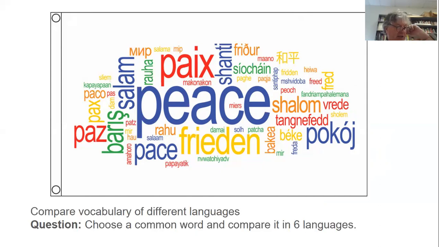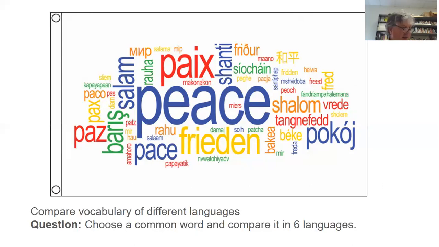So you've got pace in Italian and Romanian, paci in Maltese, paix, P-A-I-X, in French, pau, P-A-U, in Catalan, however you pronounce that, paz in Spanish and Portuguese. Whereas you look at salam in Arabic, well, that's close to shalom in Hebrew and shlama in Assyrian. So these languages are related.